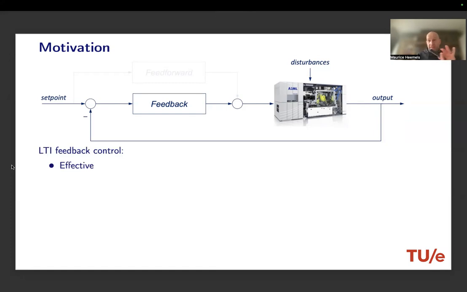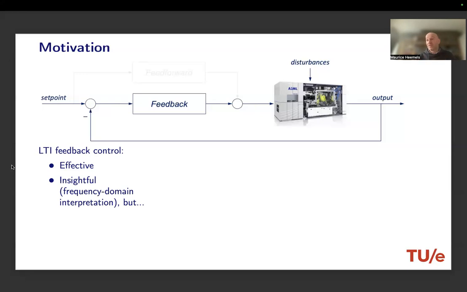So if you look in the industry at the motion control side, what we typically see is that still LTI, so think about PID, loop shaping kind of techniques, are the real workhorse in industry, right? Because it's very effective. It's very insightful, particularly because we have the whole frequency domain interpretation.